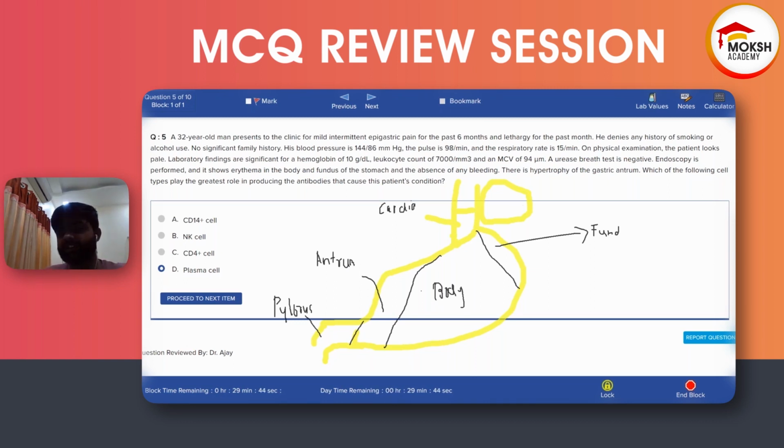So we have to remember the types of gastritis, and what signs and symptoms this patient is presenting with. He has mild intermittent epigastric pain, and he denies any history of smoking and alcohol use. There are two types of gastritis.